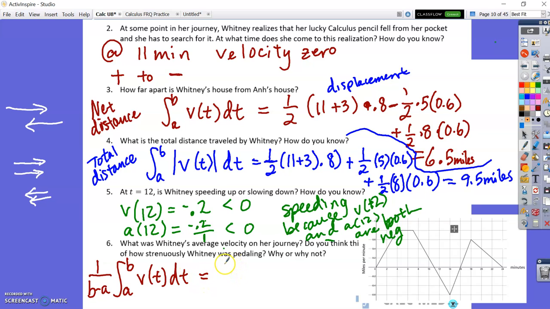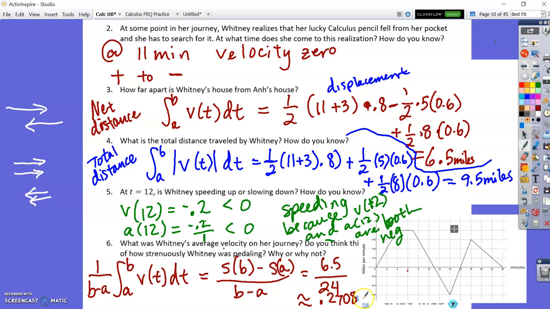Since we do all the math, this will end up being S of B minus S of A over B minus A, which is really cool because it ends up doing that for you. And we already know the top is 6.5 over 24. So that's approximately 0.2708 miles per minute.